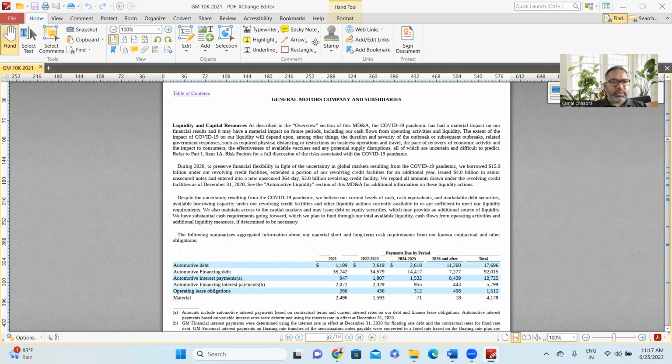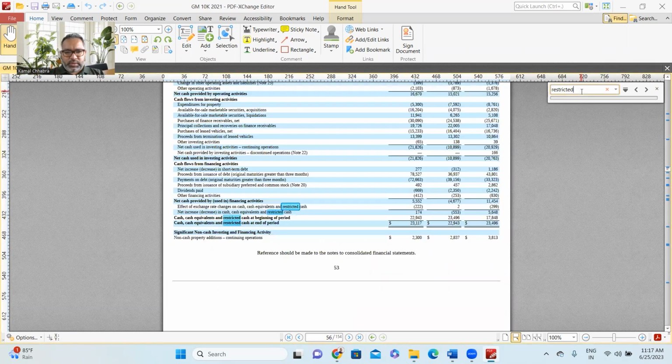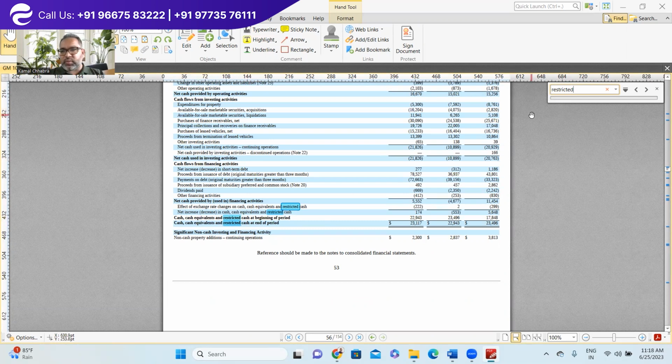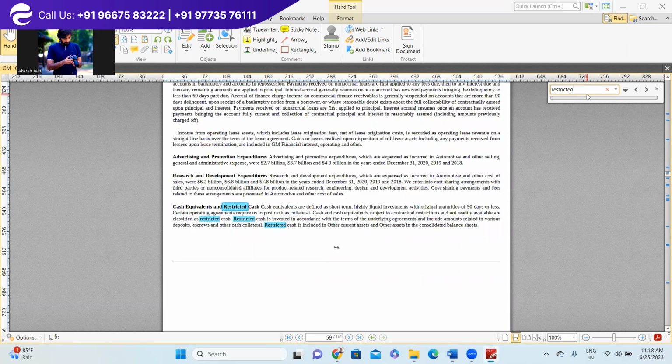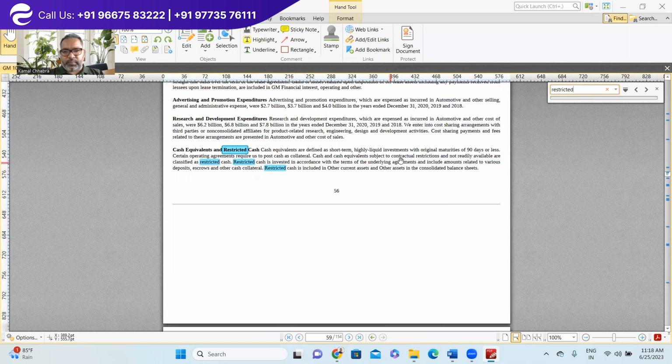Okay, so you have this financial statement with you. So let me see. If you see, in the cash flow also, there's a separate disclosure of restricted cash. Right? Can you all see this? Yes, sir. And now here in the cash equivalent and restricted cash, a separate note and separate disclosure is being required.